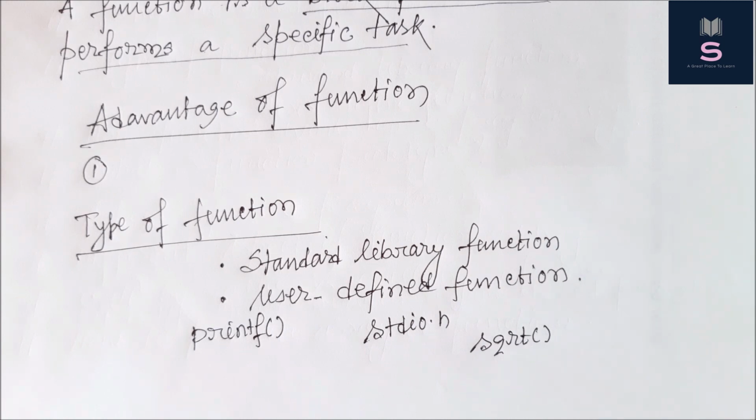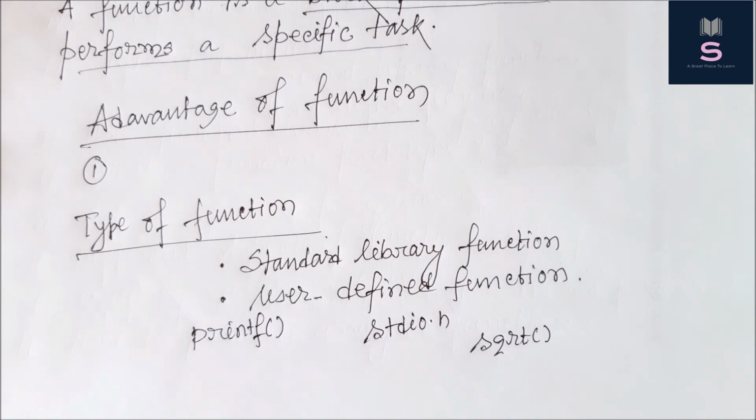So, what does user defined function actually mean? We basically deal with user defined functions. Functions like square root and pow, which I have already discussed, are sometimes not sufficient. Sometimes we have to create our own function as per our requirement.